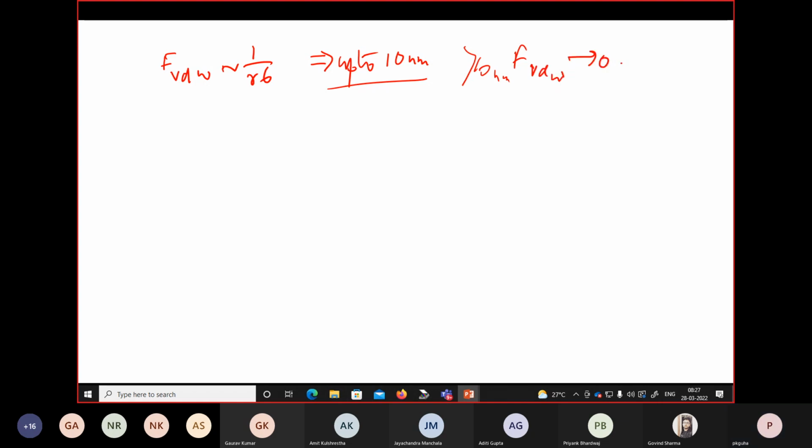Similarly, the gravitational force, which goes as 1 over r square, dominates at more than 100 nanometer, and so on.